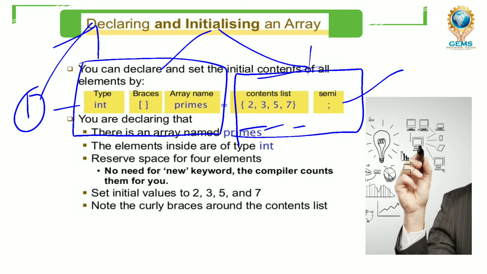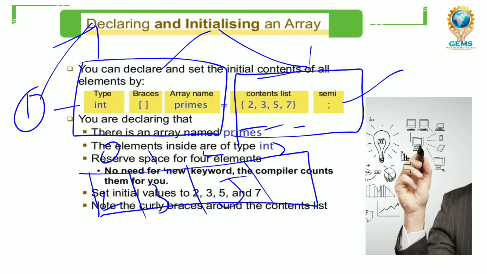Can we observe one thing here? In array initialization, 2, 3, 5, 7, totally 4 elements are given. So when you are initializing the elements, the index starts from 0 to 3, totally 4 locations are there. In these 4 locations, 4 elements are stored. Element 2 will be stored in the 0th position, element 3 in the 1st position, element 5 in the 2nd position, and finally 7 will be stored in the last location.